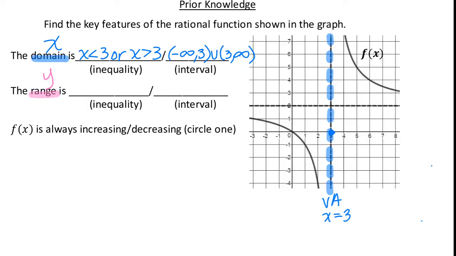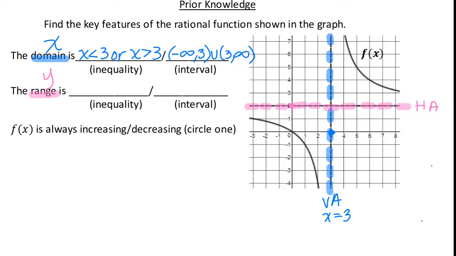All right, then my range are the y values. So the y values are being cut by the horizontal asymptote. So I'm going to take my highlighter and I'm going to highlight the horizontal in a pink because that's what's cutting the range. This is the horizontal asymptote, and it's cutting through this value right here of 2.